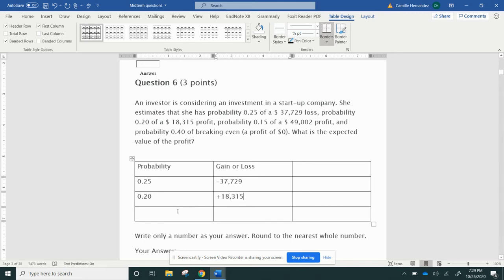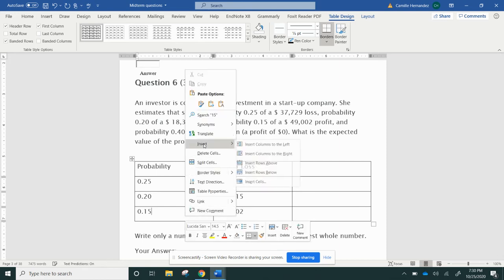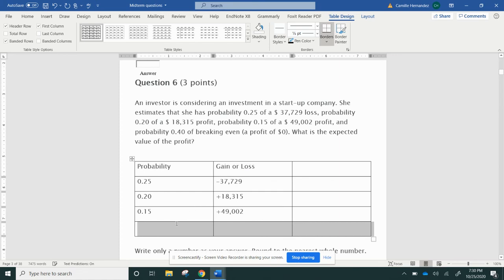Then the next one is 0.15, and that's 49,002. I'm going to add one more. I forgot to do that. So I've got a probability of 0.40, and this is 0.